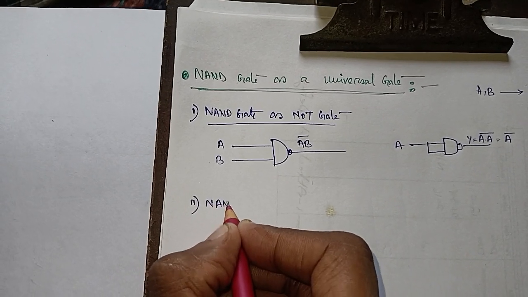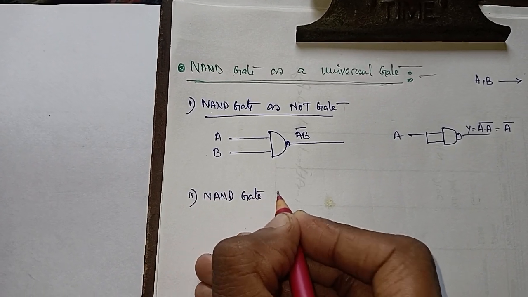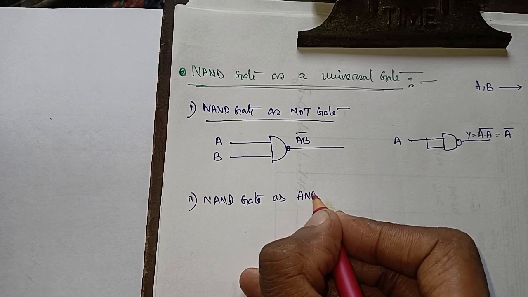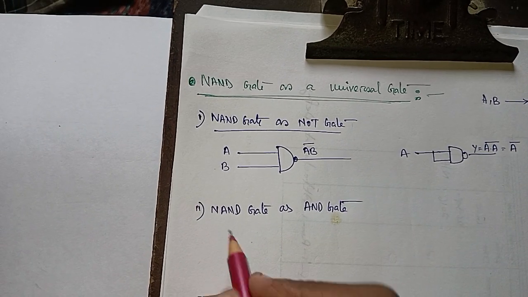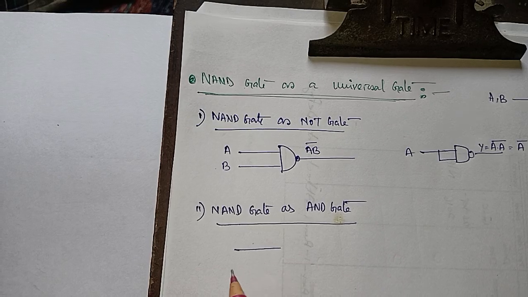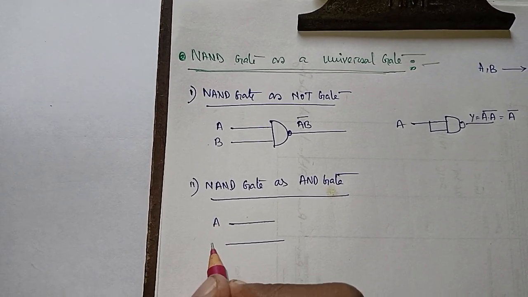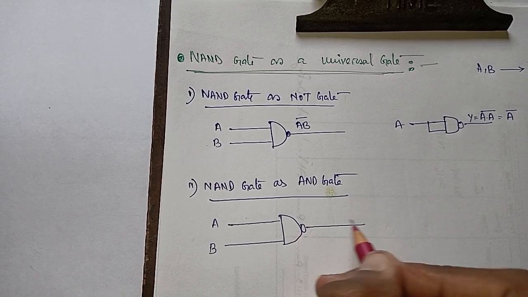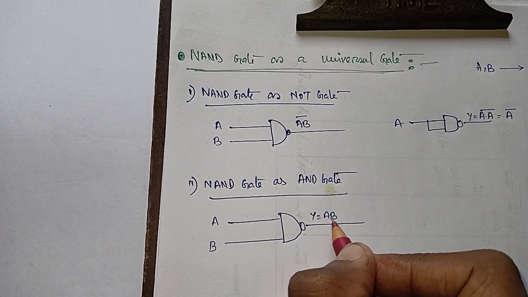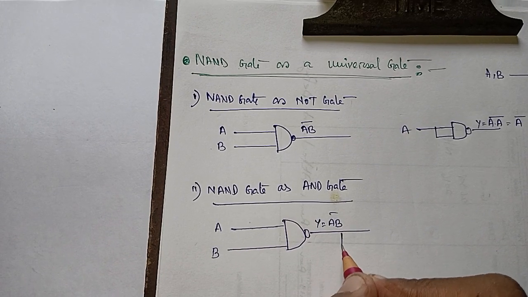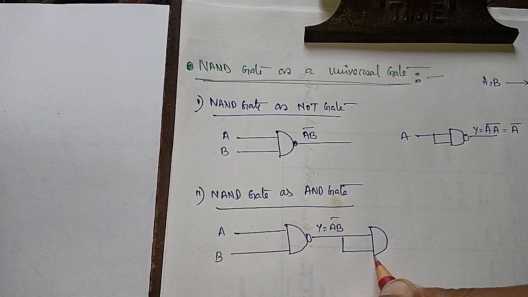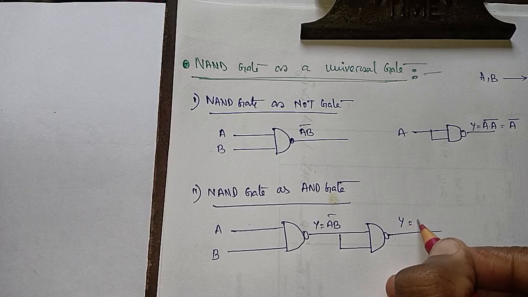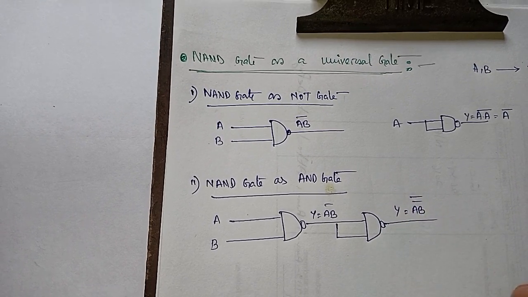Second, the NAND gate as an AND gate. Firstly, a two input NAND gate with inputs A and B, from which we get Y equal to (AB) bar. If we again input this into a NAND gate, we get Y equal to ((AB) bar) whole bar.